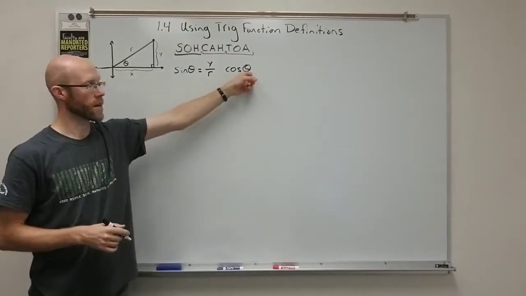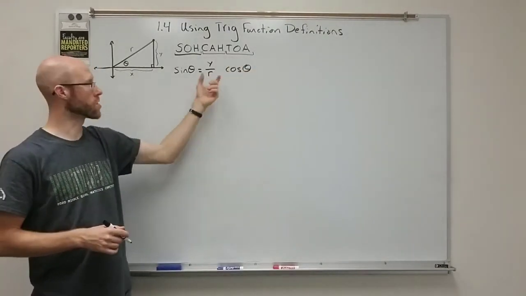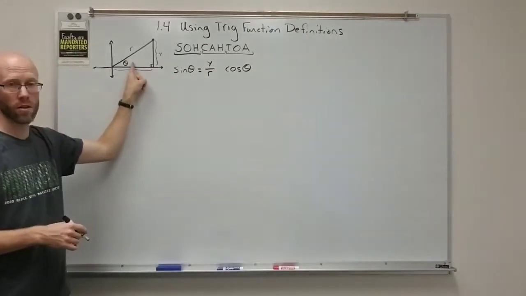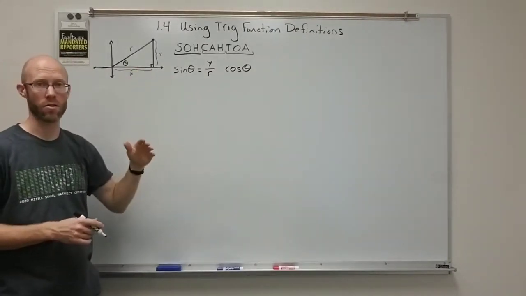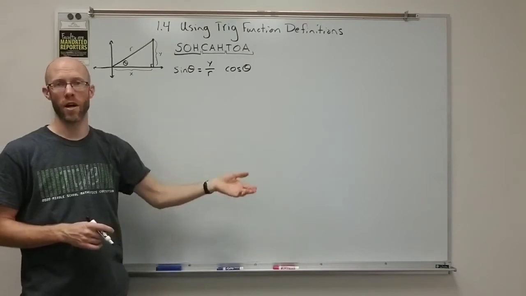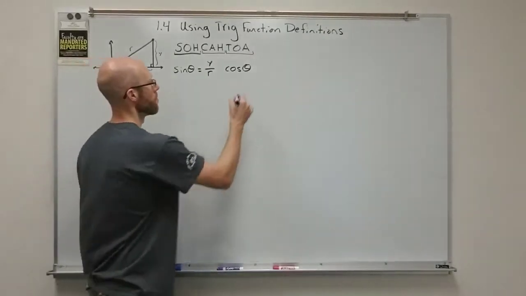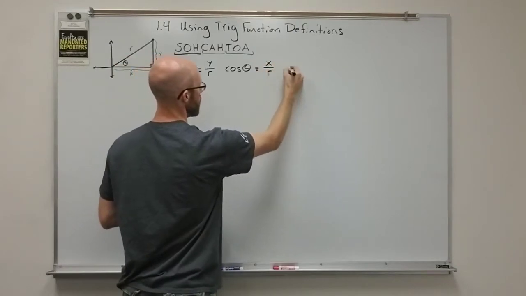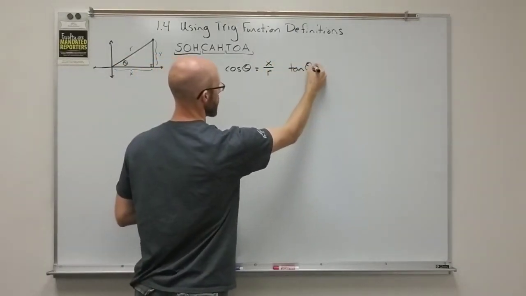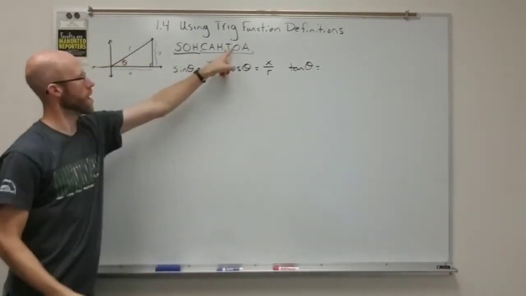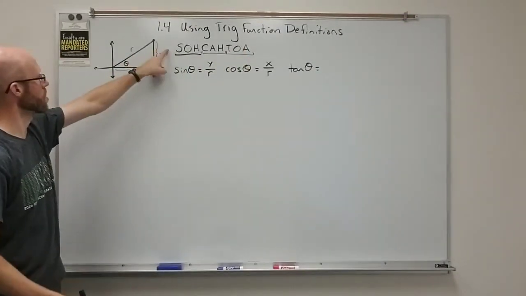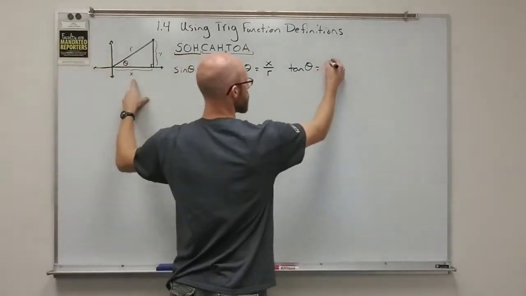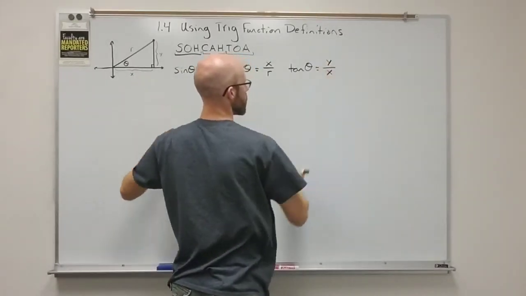Okay, so you must have an angle there because these functions are defined based upon the angle, and with different angles you get different function values, okay? So cosine theta is x over r, and the tangent of theta is opposite over adjacent, which is y over x.